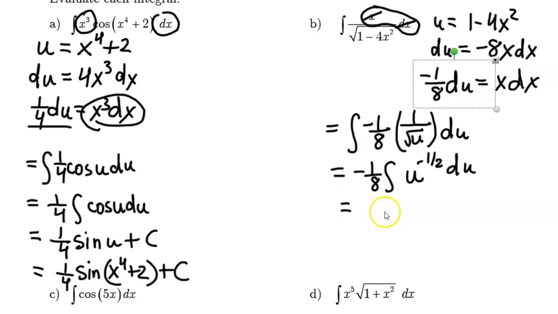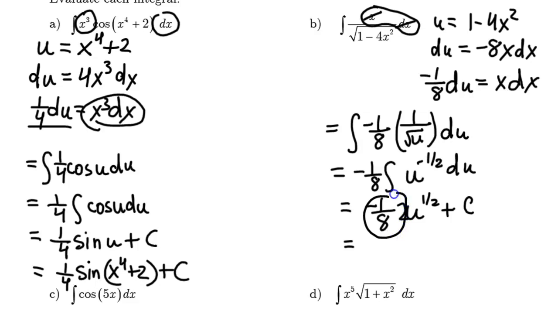Okay, so the antiderivative would be negative 1/8 u to the positive half times 2, actually. Right, u to the positive half divided by half, but division by half is the same as multiplication by 2, plus c. And so I end up with, now the negative 1/8 times 2 is really negative 1/4.